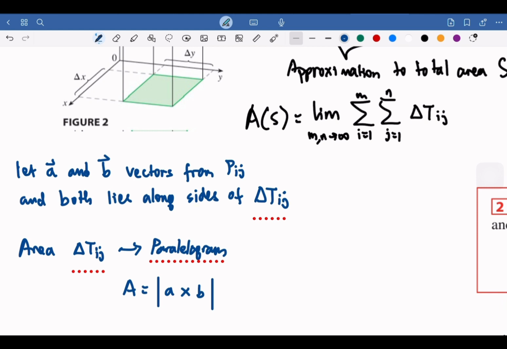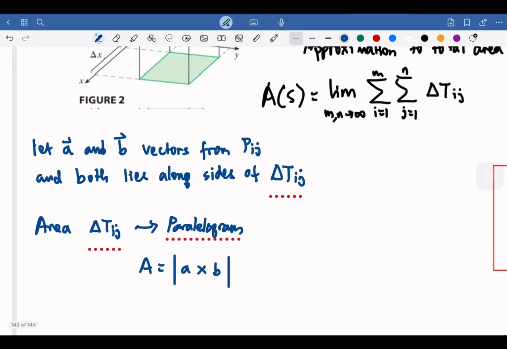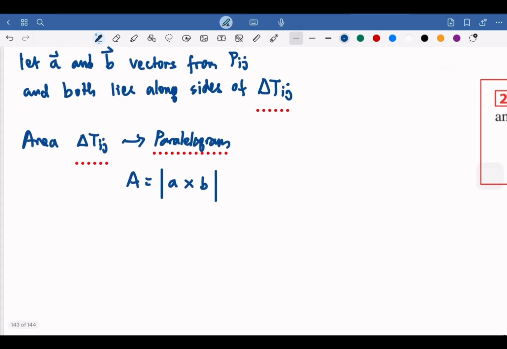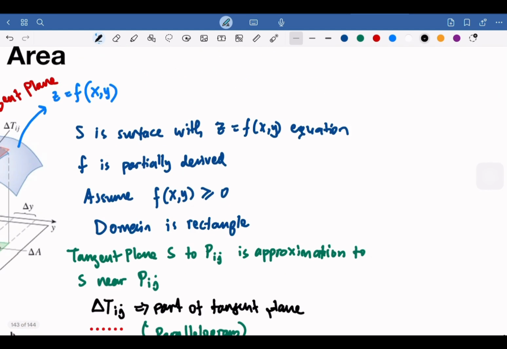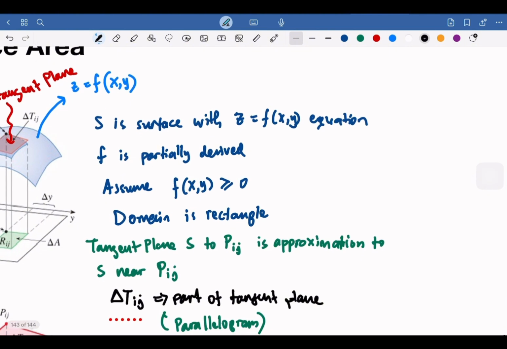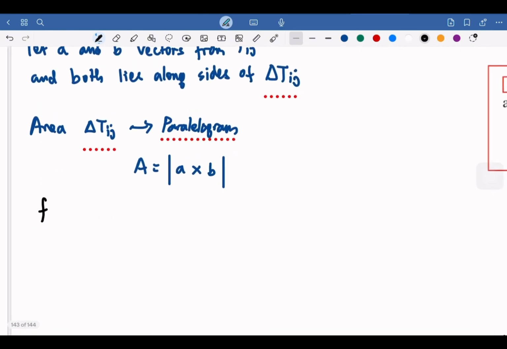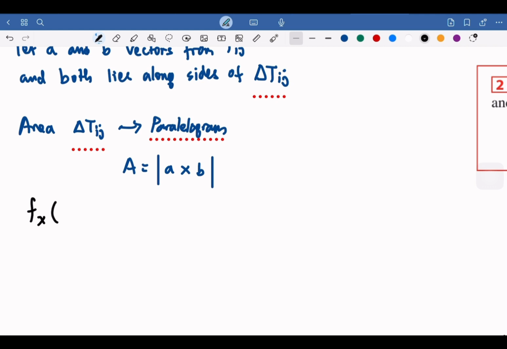And then if you remember, in the tangent plane, we have partial x and partial y as our tangent slopes. So if we have partial f, as we defined from the beginning, we have the partial derivatives of f. So we have the partial x at certain points, let's say xi, yi, and then we have partial y.